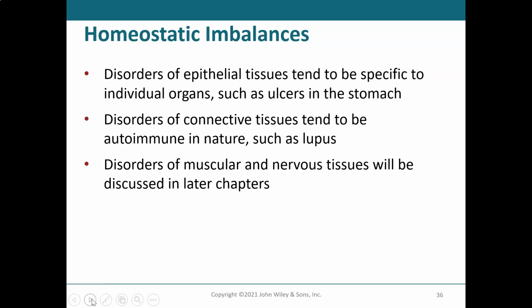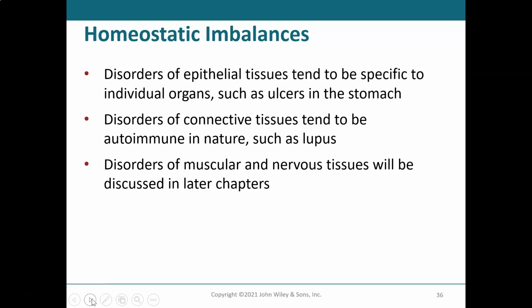In terms of homeostatic imbalances, disorders of the epithelial tissues are mainly specific to individual organs, so things like skin cancer, which involves the epidermis, or peptic ulcer disease, which involves the epithelial lining of the stomach or small intestine. The most prevalent disorders of connective tissue are autoimmune disorders, which are diseases in which antibodies produced by the immune system fail to distinguish between the body and what is foreign and potentially damaging.